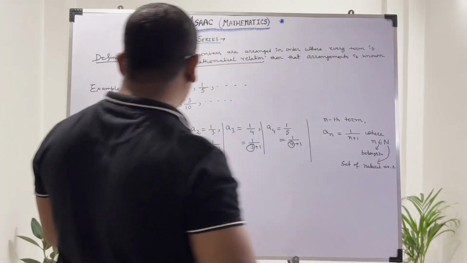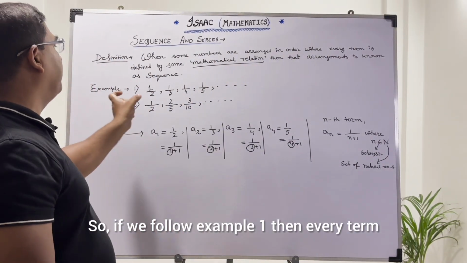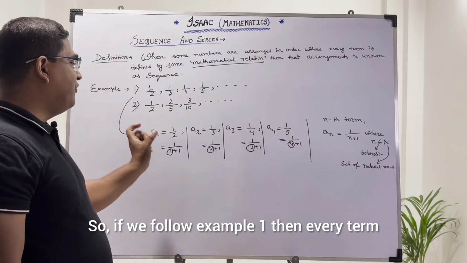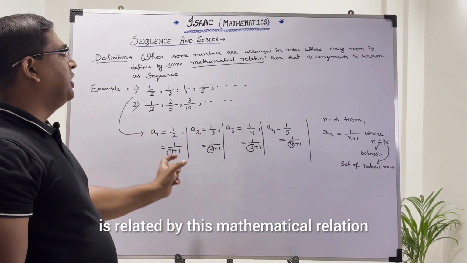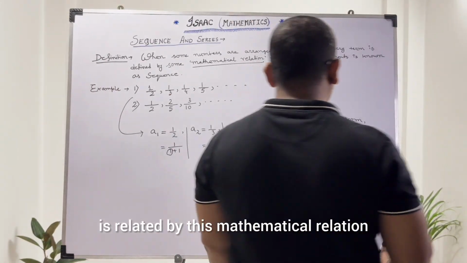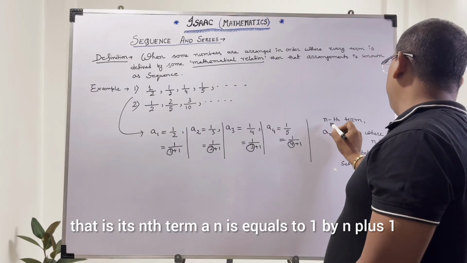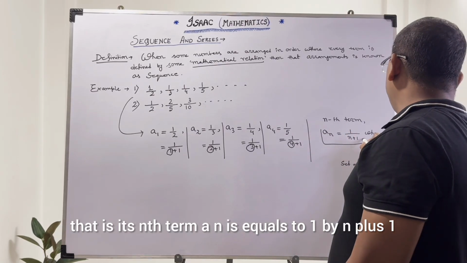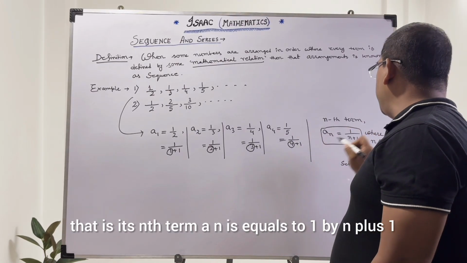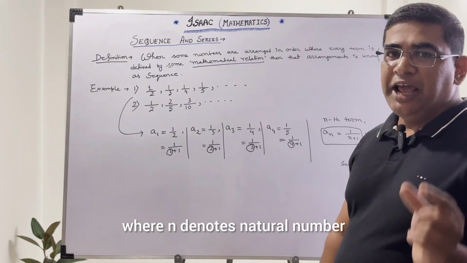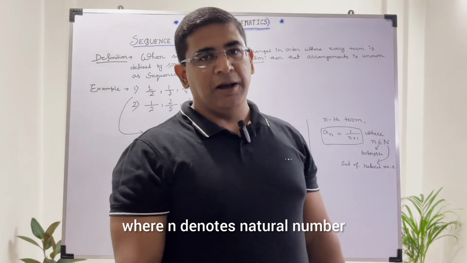Okay. So, if we follow example 1, then every term is related by this mathematical relation, that is, its nth term an is equal to 1/(n+1), where n denotes a natural number. Okay.